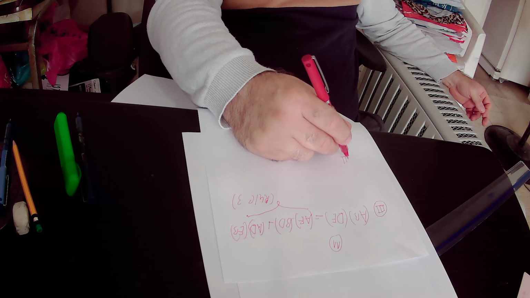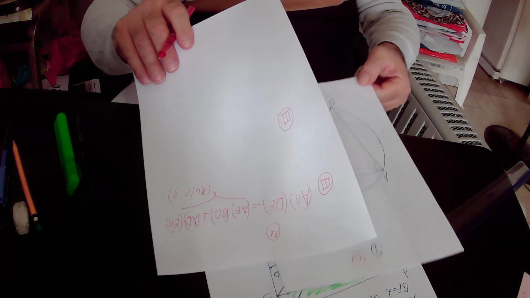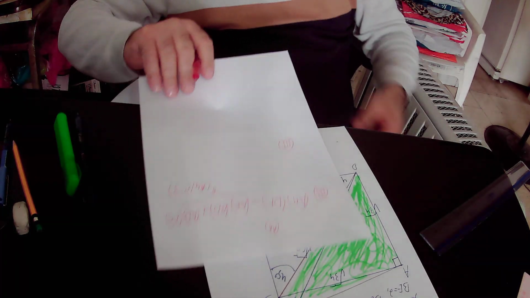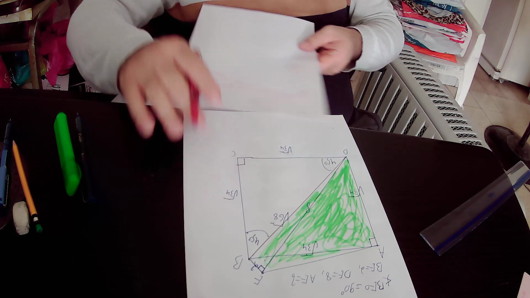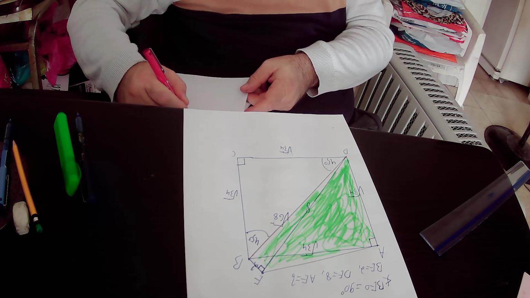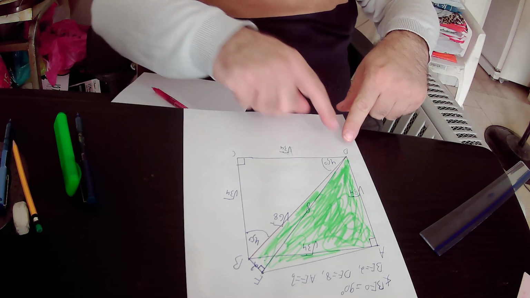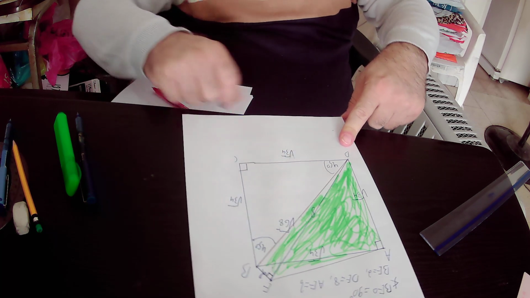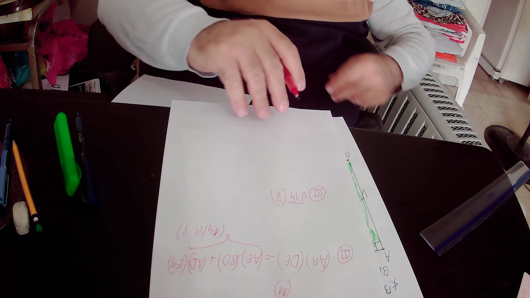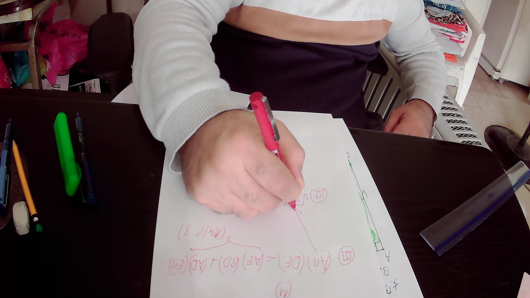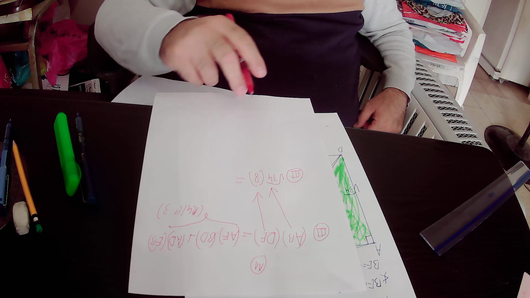So we put the data inside this equality: AB equals square root of 34, DE equals 8 units, and all equals AE.